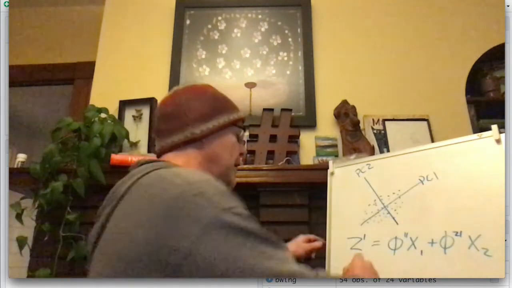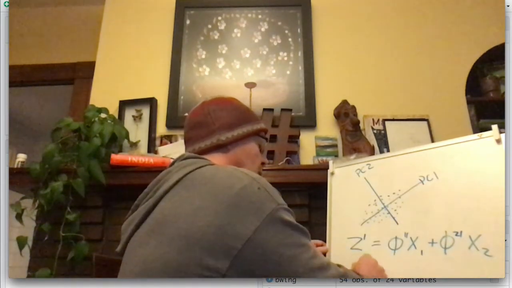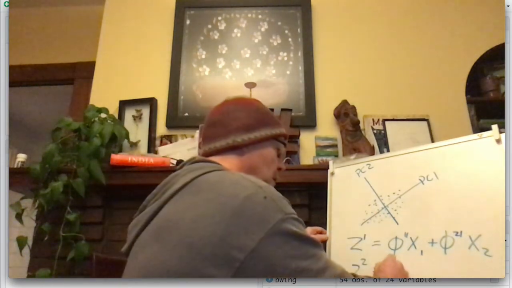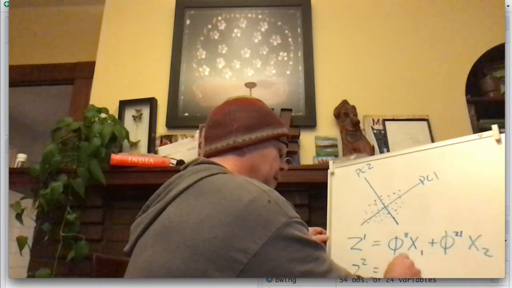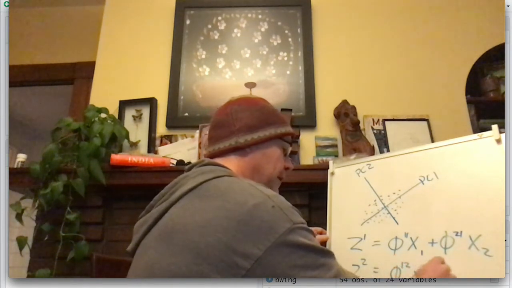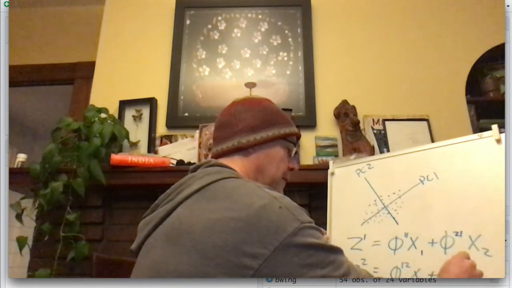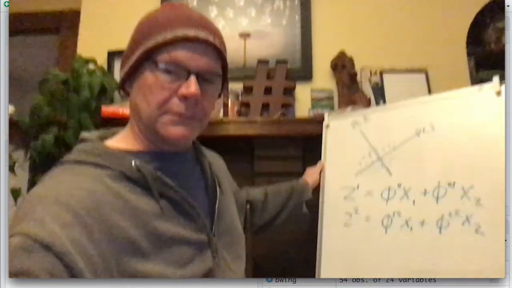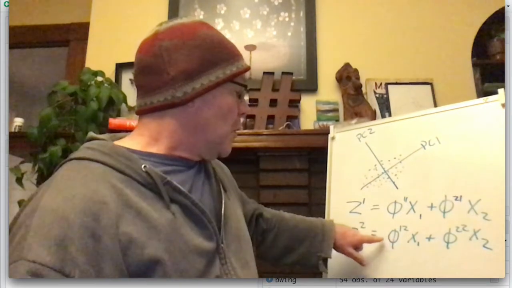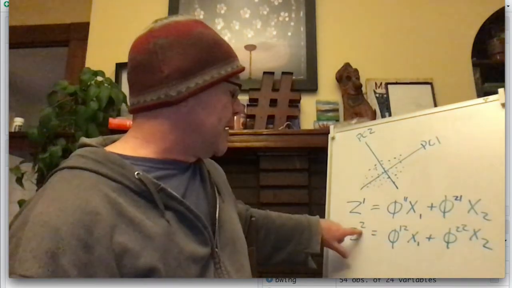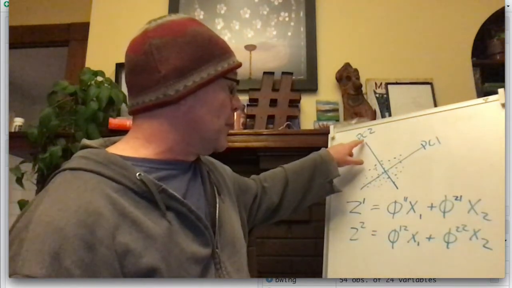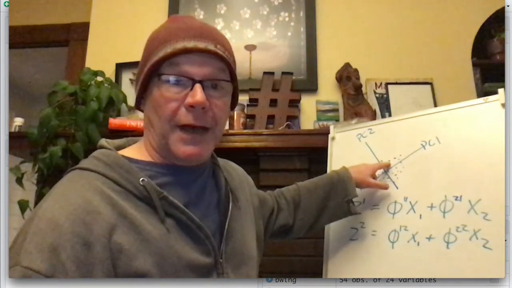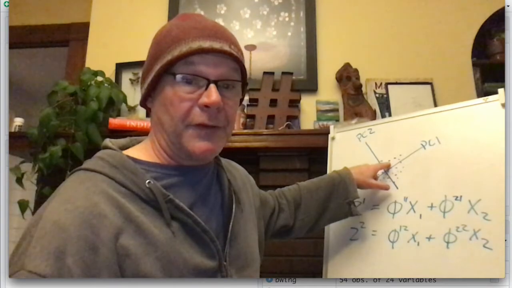And then you would do the same thing again with the second axis, where it would look something like this. This would be how you would calculate the score for the second axis, and that's what's determining where your little dots are going when you're making a PCA plot.